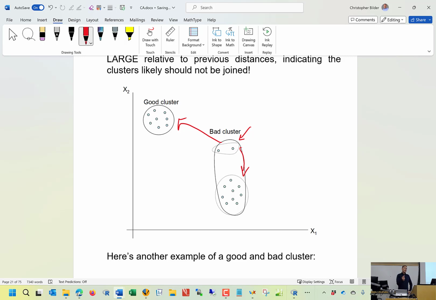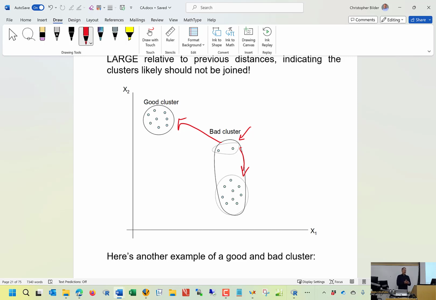And so this is a very, very key point here, that the distance to make a decision about what's going to be put together next, that distance or that similarity, is going to be large relative to your previous distances that you've used to join clusters together. That is a key point.